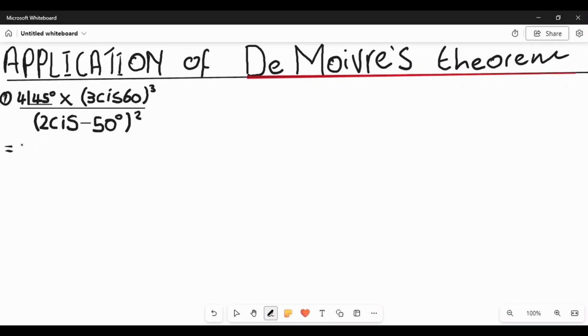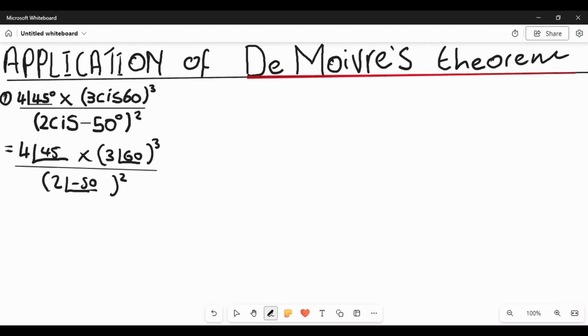So we're going to rewrite this as it is, because this one is in a form where we can simplify, right? Multiply. So let us not forget that this is going to be 3 polar 60 degrees to the power of 3, divided by 2 polar negative 50 degrees to the power of 2.